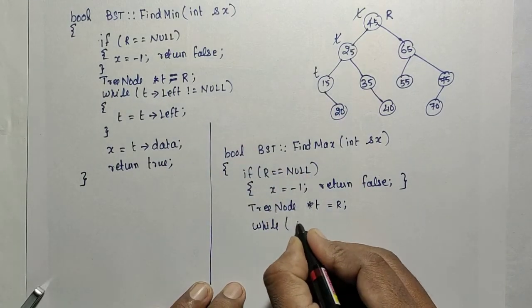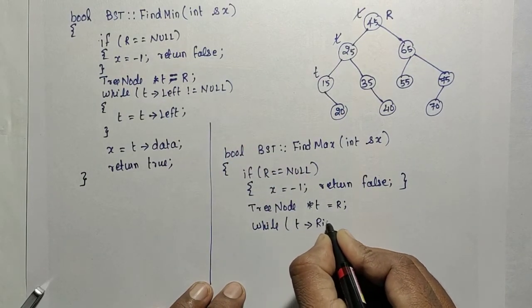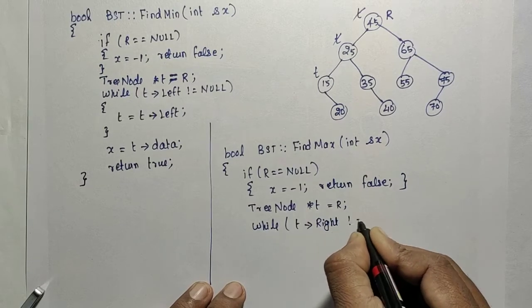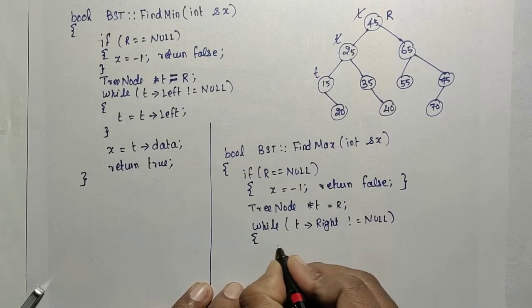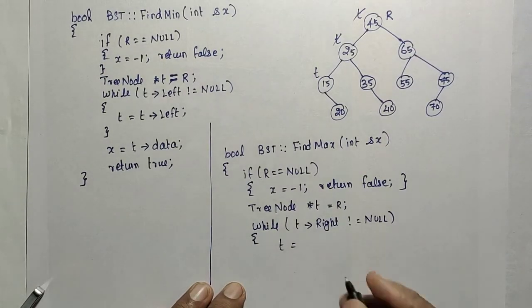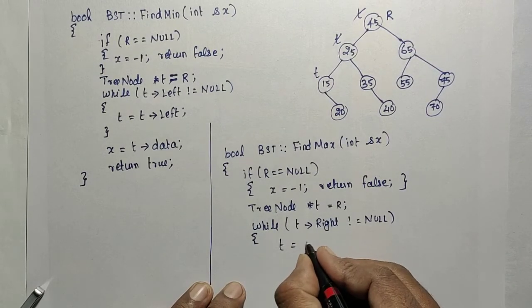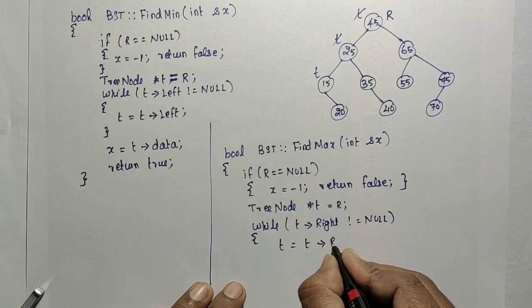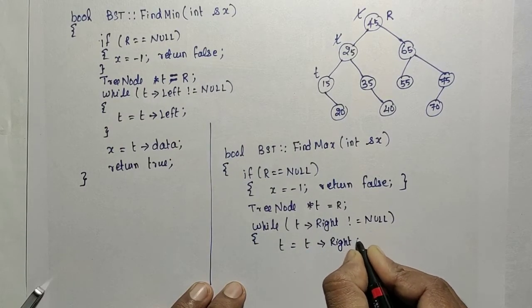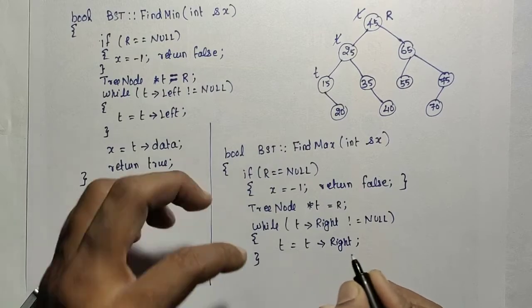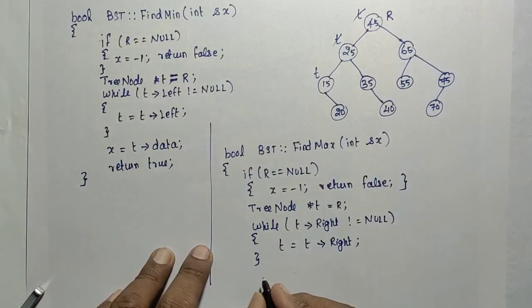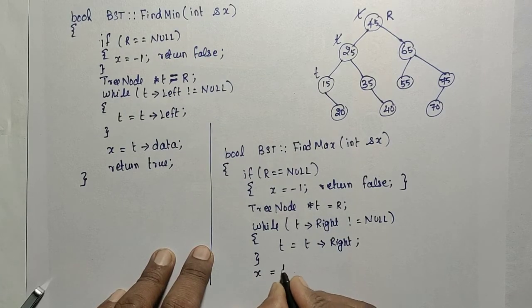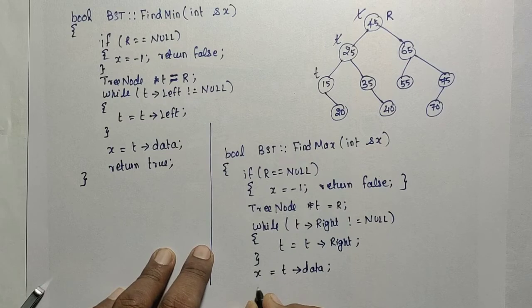So while t of right not equal to null, t equal to t of right. The loop will get terminated once t reaches the rightmost element. Then x has to be updated with t of data, and then return true.